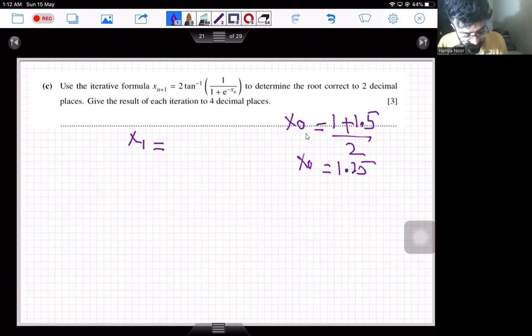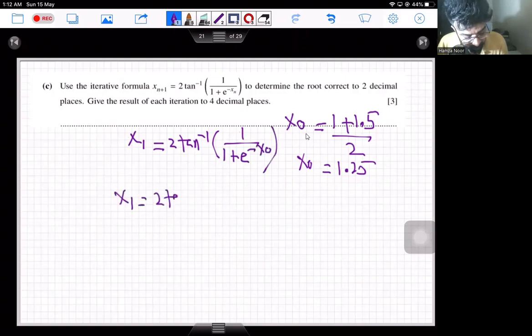x1 will be found like this: 2 times tan inverse 1 upon 1 plus e raised to the power minus x0. So x1 will be equal to 2 times tan inverse 1 upon 1 plus e raised to the power minus 1.25.